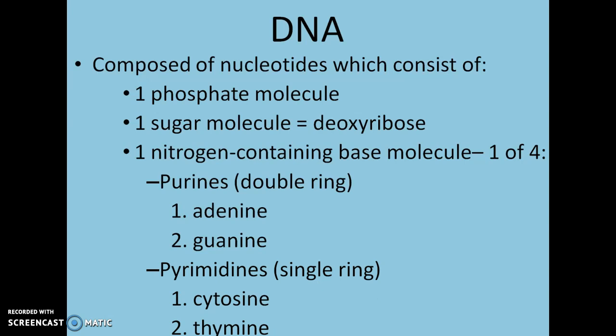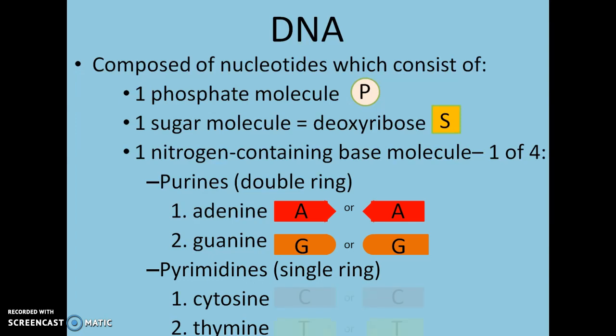All right, so every nucleotide, every monomer that makes up a DNA molecule will have a phosphate, a sugar, and a base. We're going to be doing a lot of writing in this chapter, and like I said many times already to you, it is not hard, it's just tedious, and these are the shapes that we're going to be using. So for a phosphate, we're going to use a circle with a P. For a sugar, no matter what the sugar is, we're going to use a square with an S. And then we have specific shapes for our bases: adenine, guanine, cytosine, and thymine.